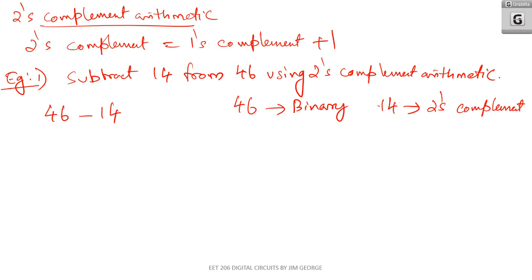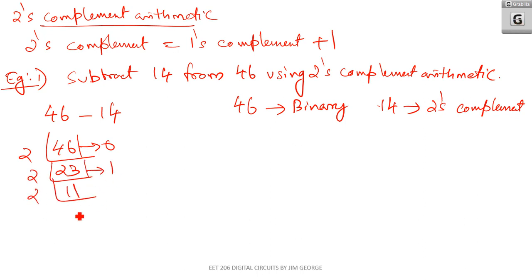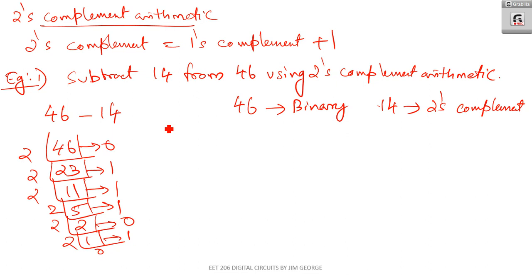Okay, so I will write 46 in binary form. 46 by 2, that is 23, remainder is 0. Divided by 2, you will get 11, remainder is 1. Divided by 2, 5, remainder is 1. Divided by 2, 2, remainder is 1. Divided by 2, 1, remainder is 0. Divided by 2, 0, remainder is 1.